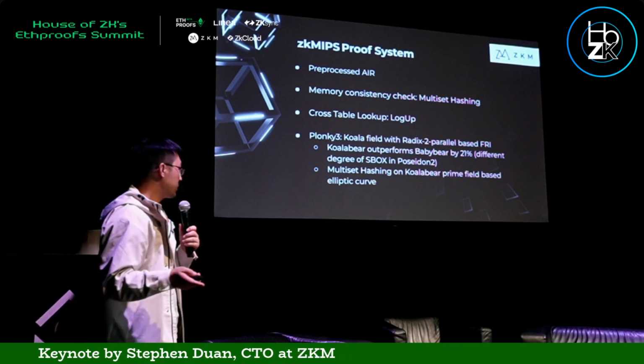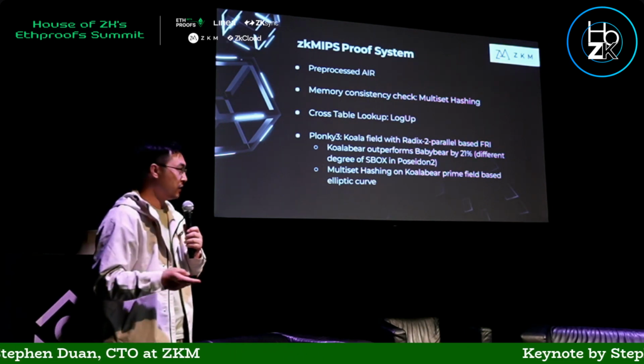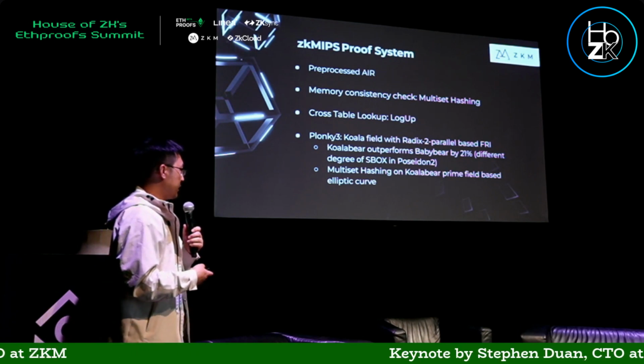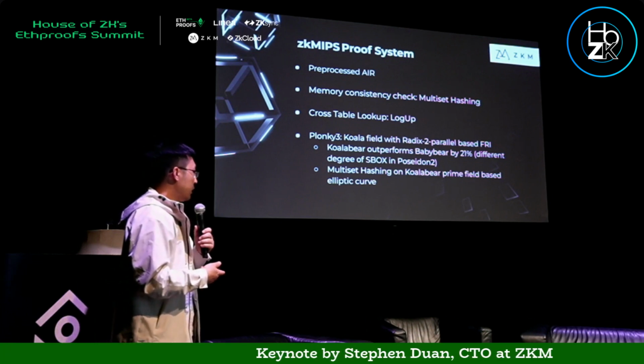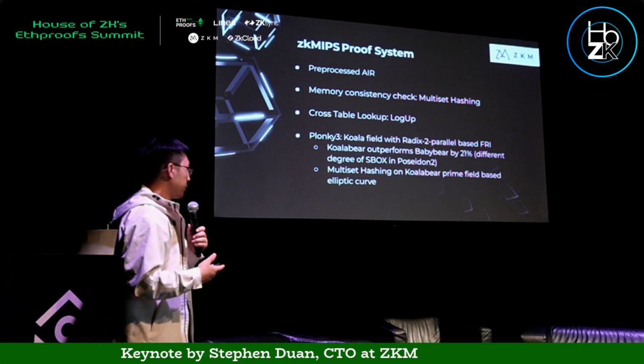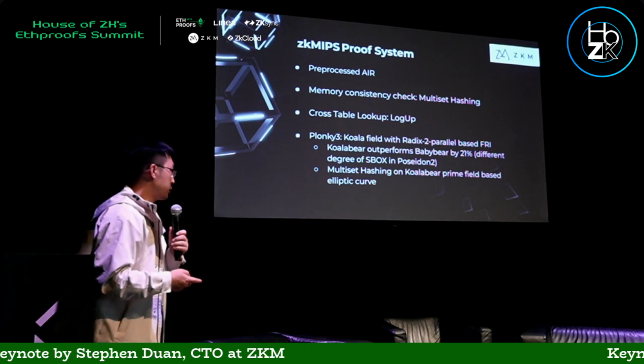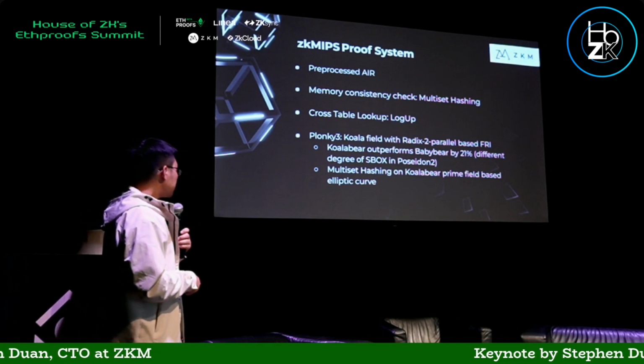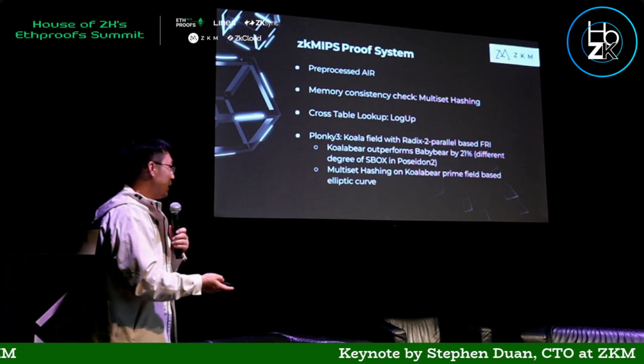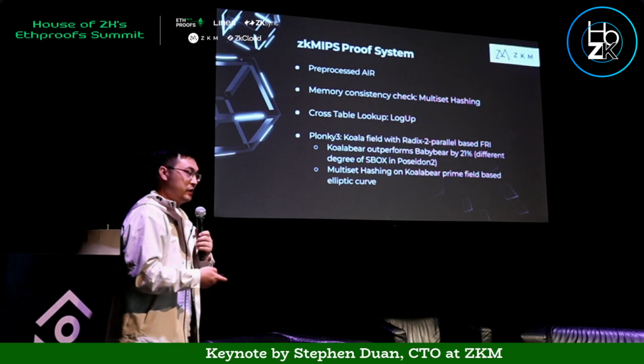Since the S-box in Poseidon2 is quite different. For Poseidon2 with BabyBear, the S-box needs a degree of 7, and for KoalaBear, it just needs 3. And we also need to find the extension field based on KoalaBear, and then for the multi-set hashing, when we do the hash-to-map, we also need to find some secure elliptic curve on that.